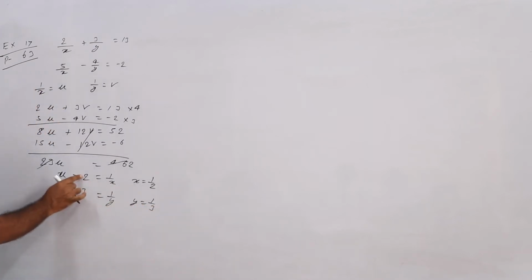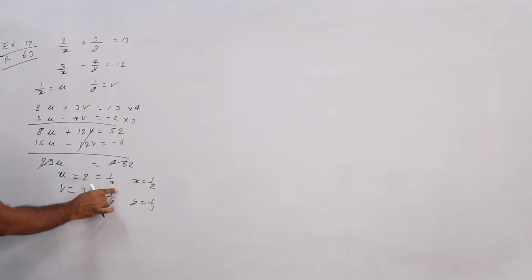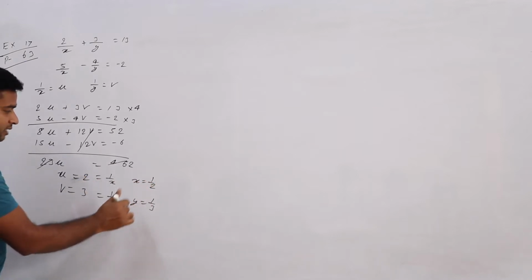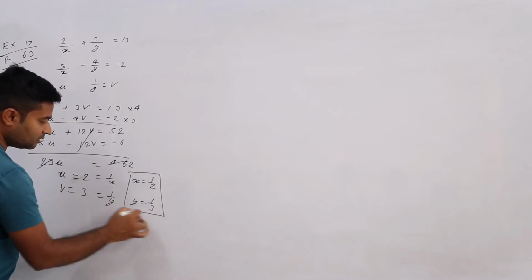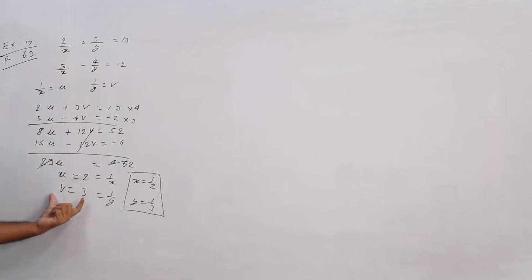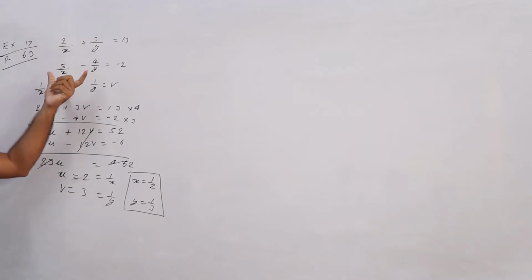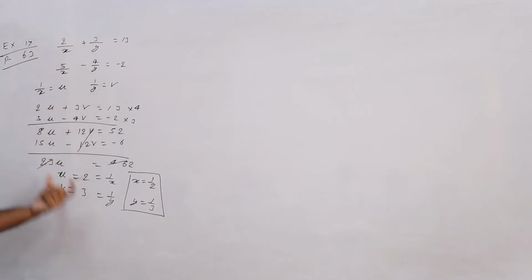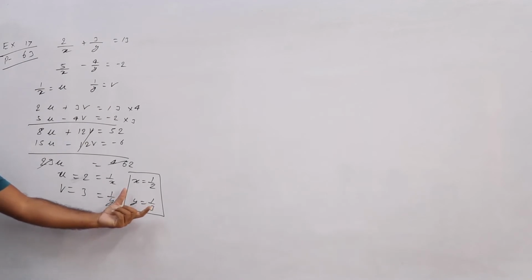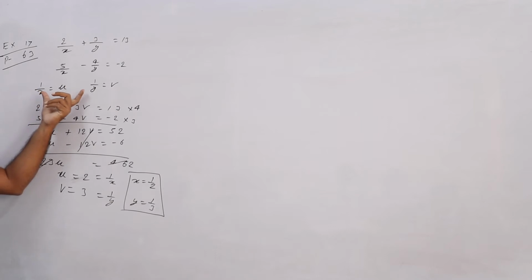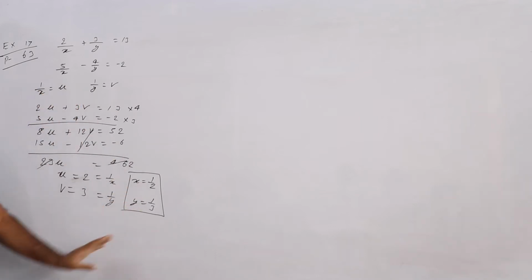See, x brought here, 2 brought here. You can't leave the answer in u and v, because in the question u and v are not given. So whatever answer you get, after that you should bring it into x and y. Done?